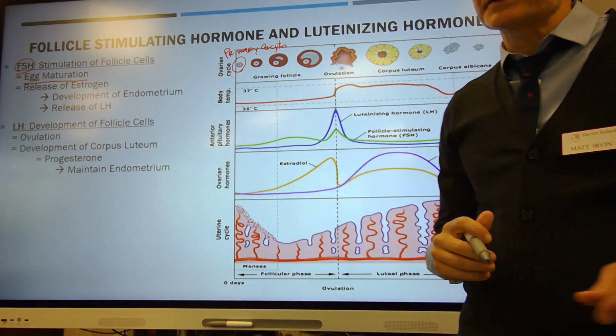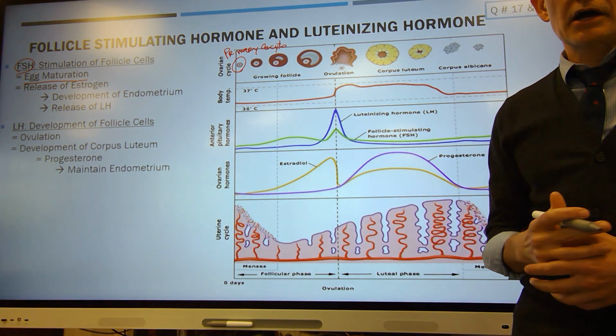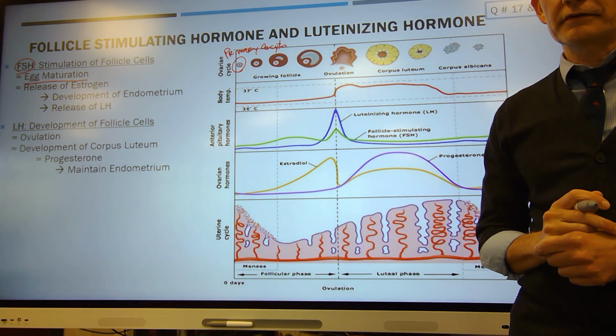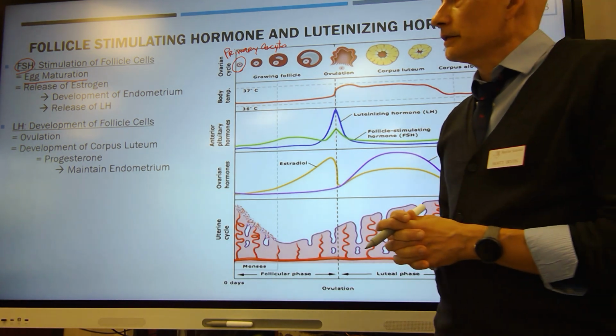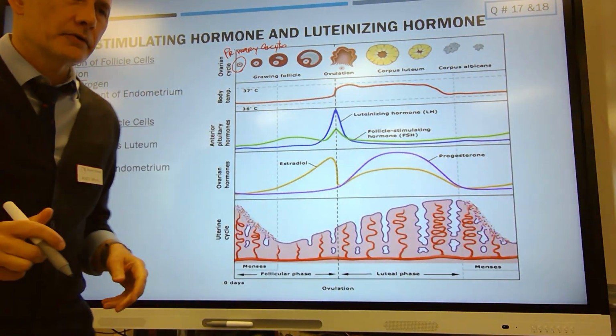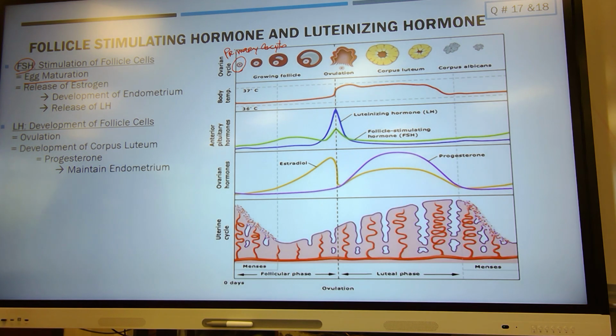All of the egg cells undergo the beginning of meiosis until they are in prophase 1. Then the follicle stimulating hormone causes those eggs to develop from prophase 1 to metaphase 2.